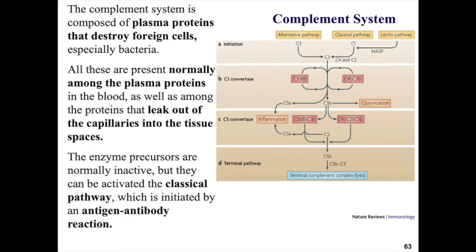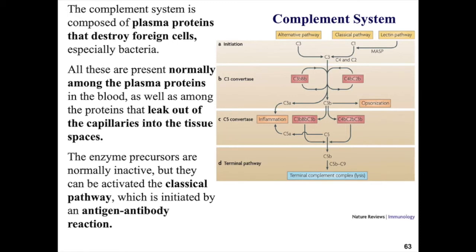The complement resembles, to a certain extent, the clotting cascades, in the sense that there are different ways of activating the complement, but once a particle is activated, it will activate other particles. There are many ways of activating the complement. We talk about the alternative pathway, the classical pathway, and the lectin pathway.